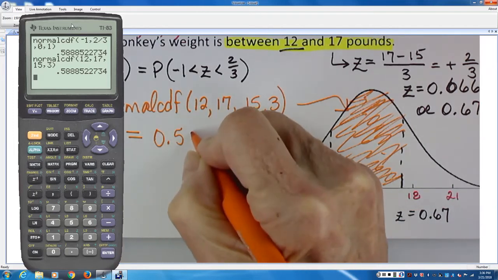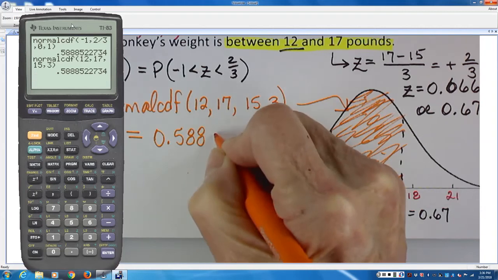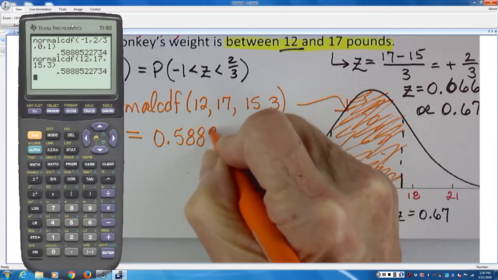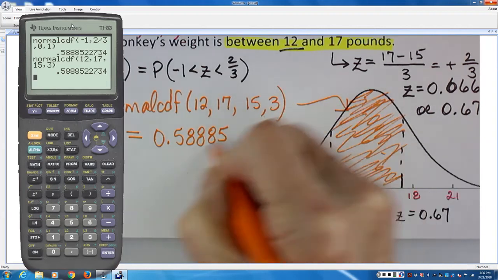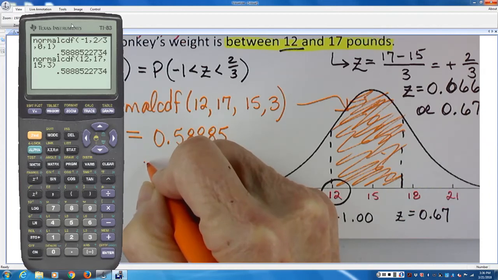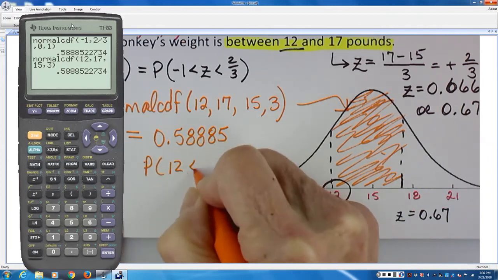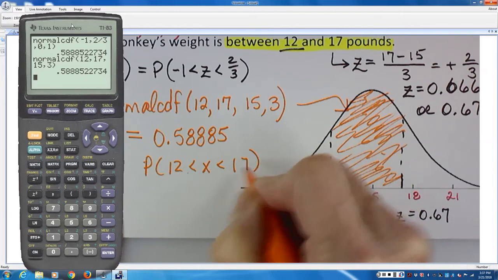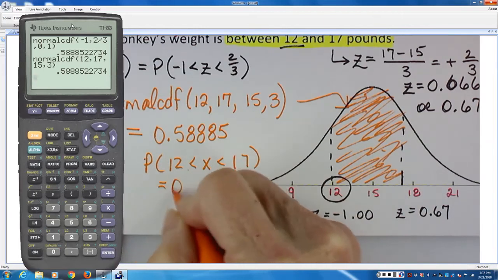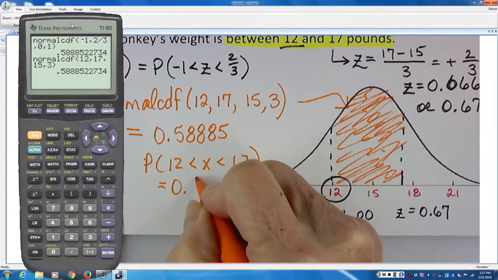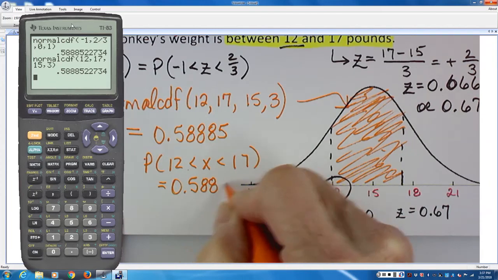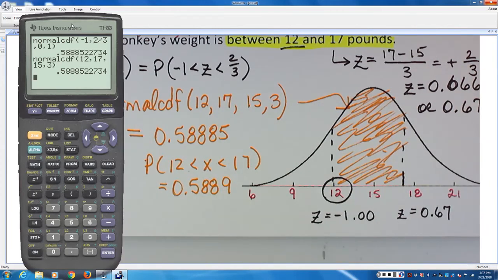So that's 0.58885, which we will round to 0.5889. So that shaded area is 0.5889. Does anybody have any questions? Does it make sense?